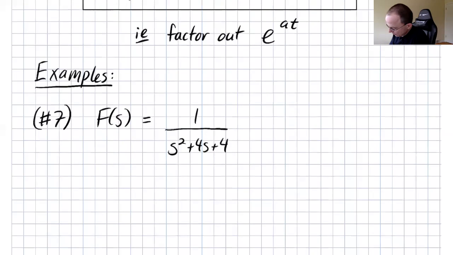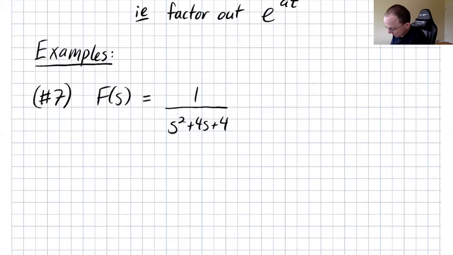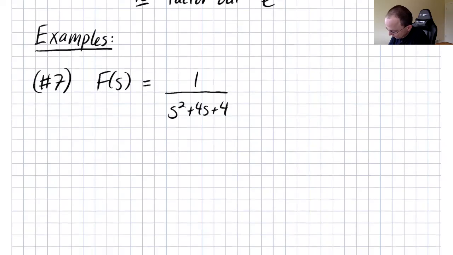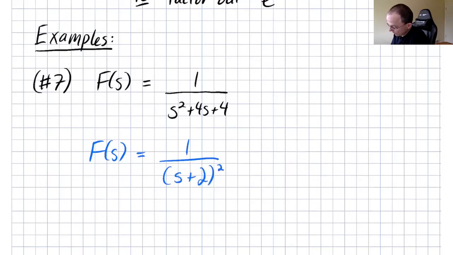Okay, so first of all, we have this Laplace transform here. So we need to first factor the denominator, and we get s plus 2 squared. And now we see that it's always going to be an s plus 2 everywhere. So this is kind of a simple example because it's just the one place.